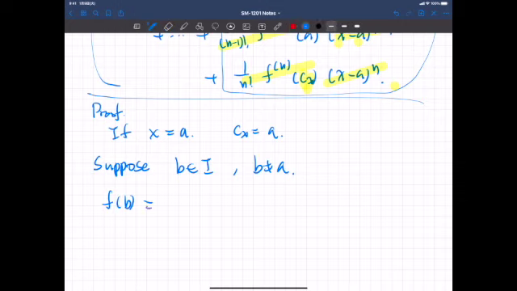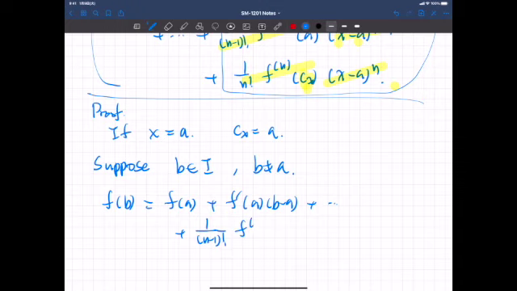So f of b is equal to f of a plus f prime of a times b minus a, and so on, up to the n minus 1th derivative term times b minus a to the power of n minus 1, plus there should be some constant, let's call it cb, times b minus a to the power of n. So we need to show this.